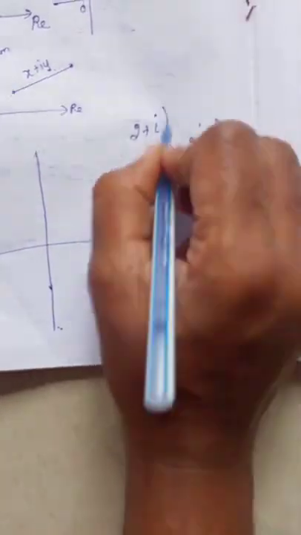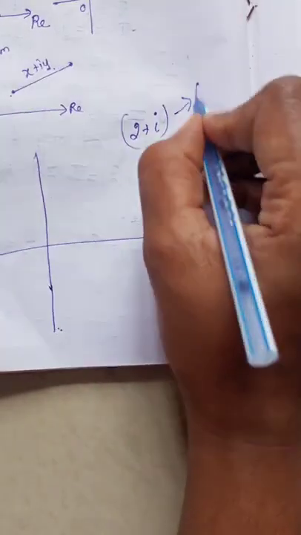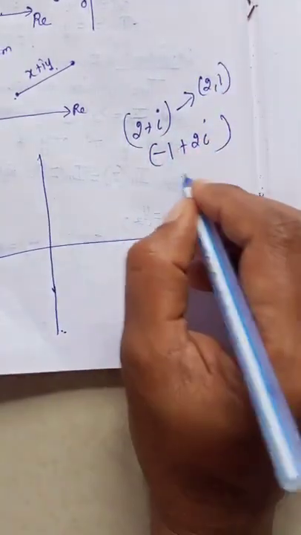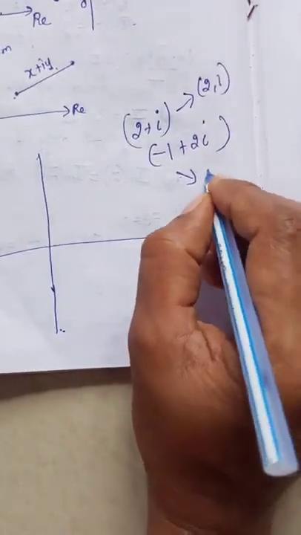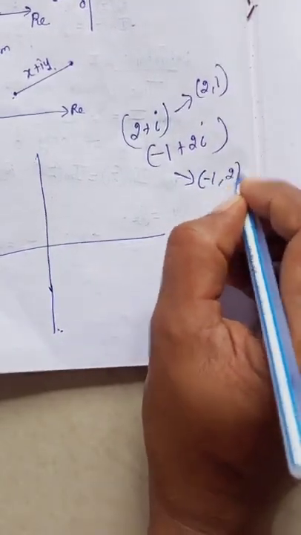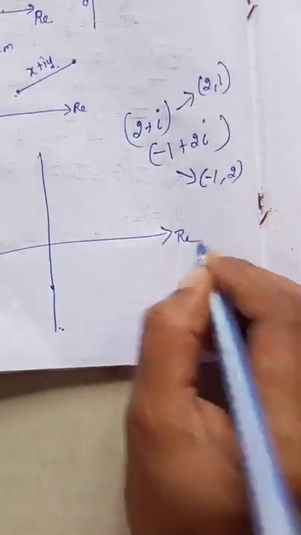These two points we can take. 2 plus i is equivalent to (2, 1). Minus 1 plus 2i is equivalent to (minus 1, 2). So this we can take as the real part and this as the imaginary part.